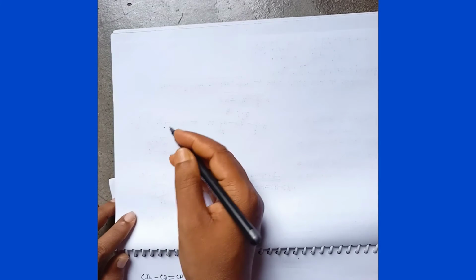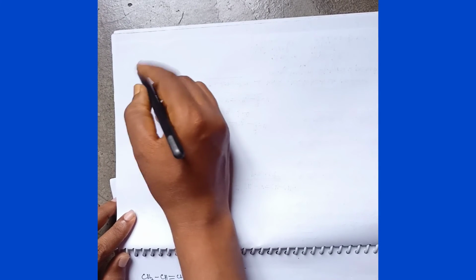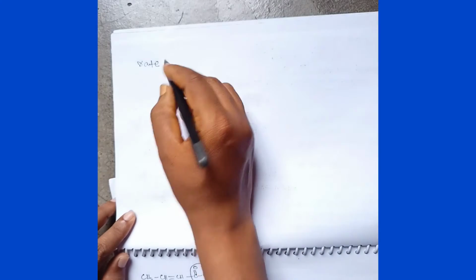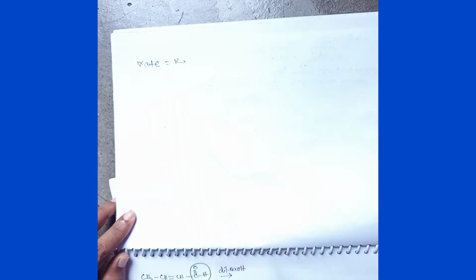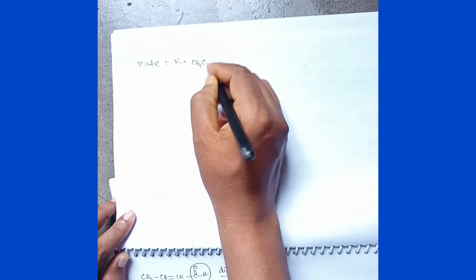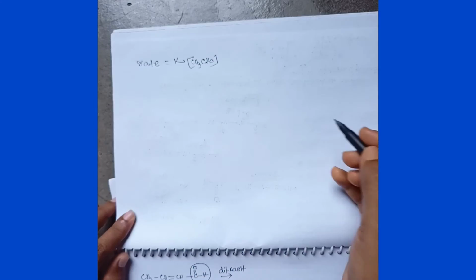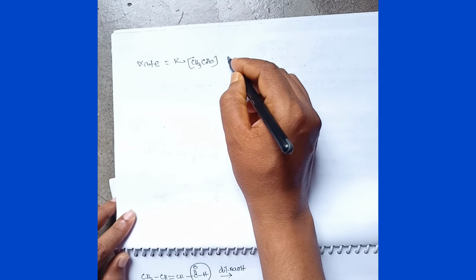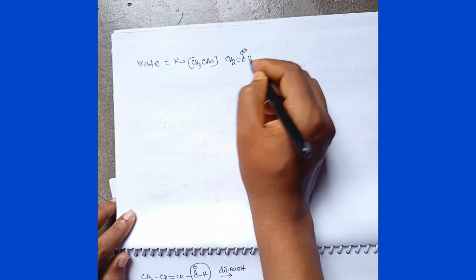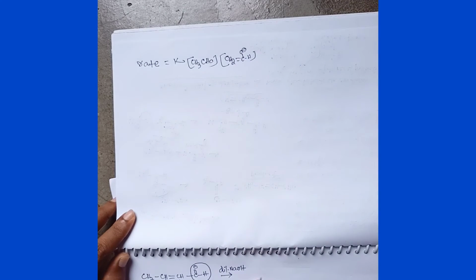So, how will we write the rate? Rate equals K for step number 2, times the acetaldehyde molecule concentration times the enolate CH2 CO minus H concentration.